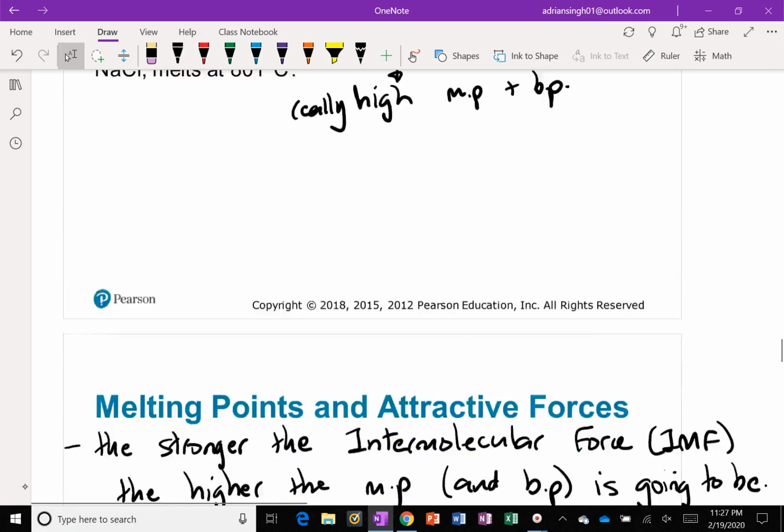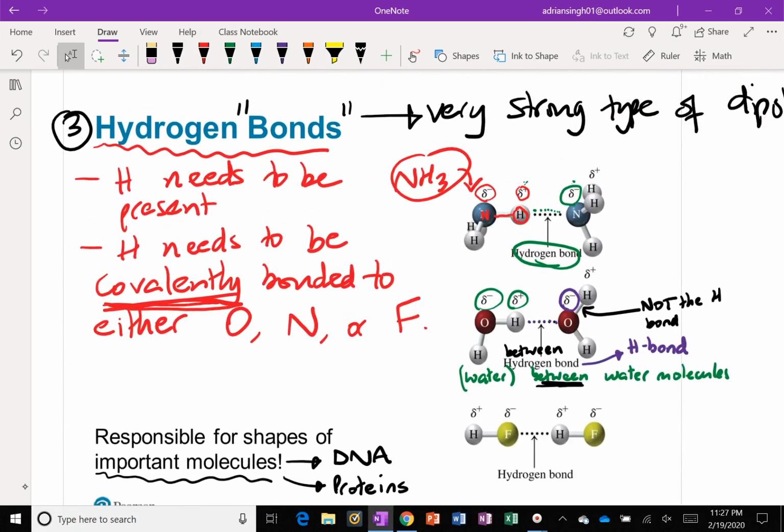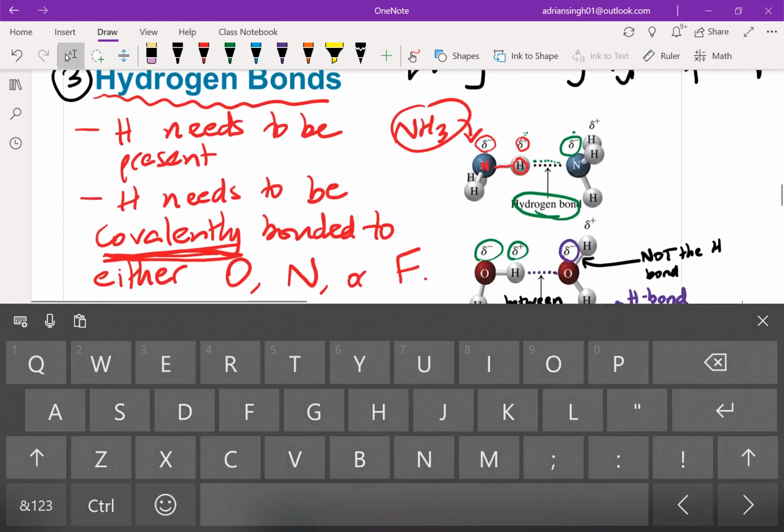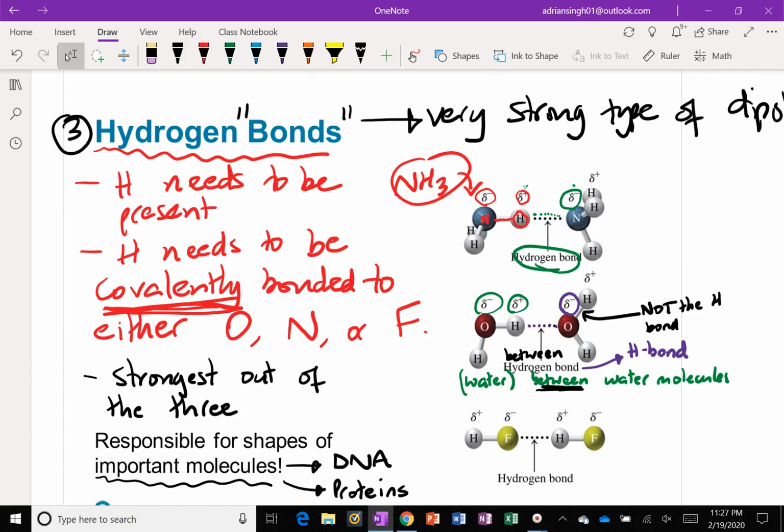So if we go back for a second, right, and we take a look at our hydrogen bond, this is the strongest out of the three, the dispersion, dipole, and hydrogen bond. If you were to rank those, the hydrogen bond is the strongest.